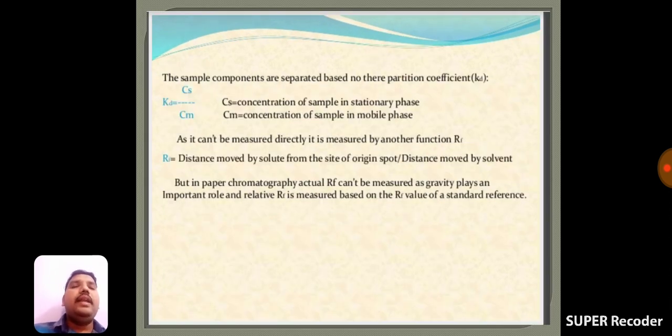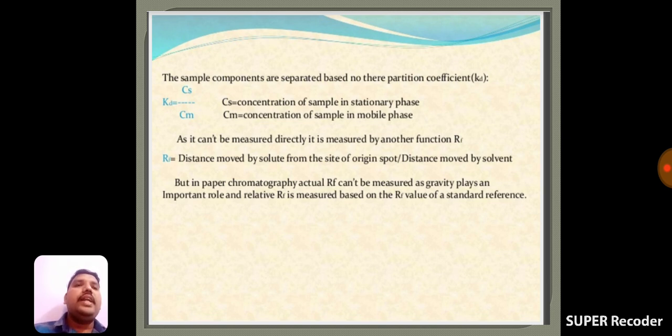The sample components are separated based on their partition coefficient. Partition coefficient KD equals CS by CM, where CS equals concentration of sample in the stationary phase and CM equals concentration of sample in the mobile phase.